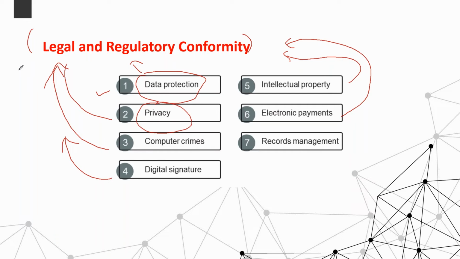If they have a particular license, then only can they allow the transaction. If they don't have a license, they cannot do a transaction. So multiple legal and regulatory conformities come into the picture. If there is an email account, or electronic payment is handled by the organization, based on that there will be an implementation of the controls.